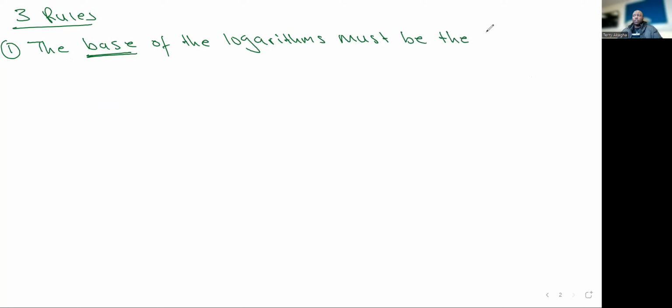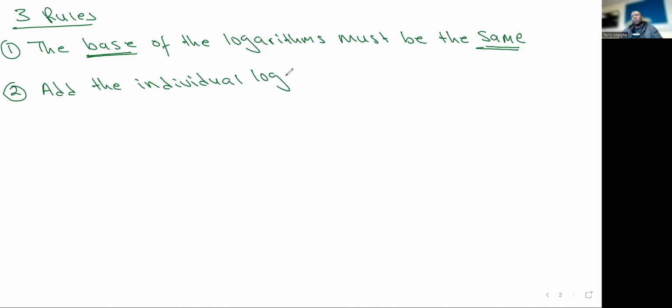So in the previous video, I emphasized that before you do any manipulation, make sure you have the same logarithm base. Number two, after you've done that, you then add the individual logarithm. And after adding that, number three, you then what? You then simplify. All right.